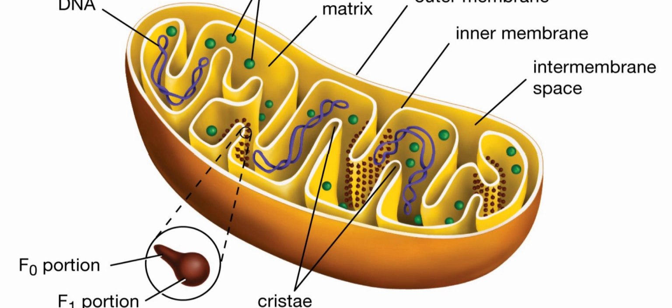Mitochondria is the powerhouse of the cell. For instance, in daily life, a powerhouse provides electricity or power to the city. Similarly, mitochondria provide energy to each and every part of the cell. Mitochondria also contain their own DNA, different from the DNA of the nucleus.